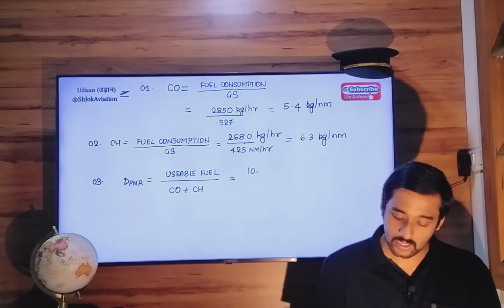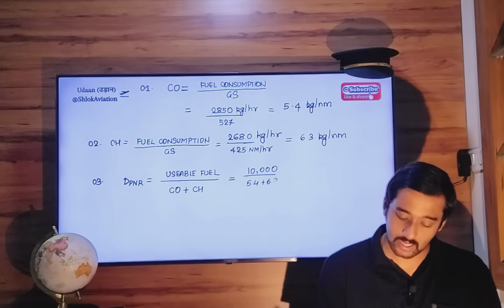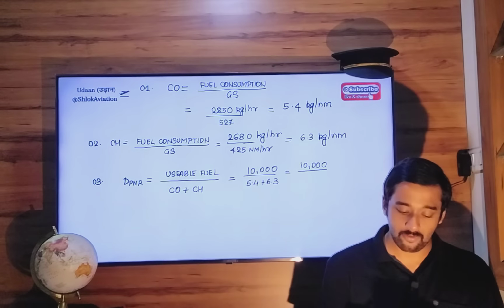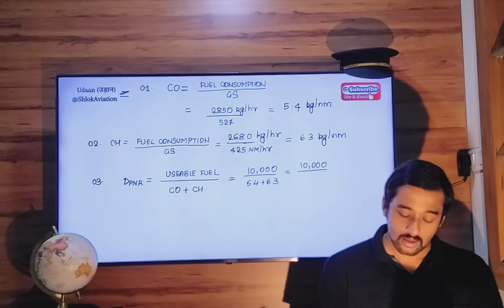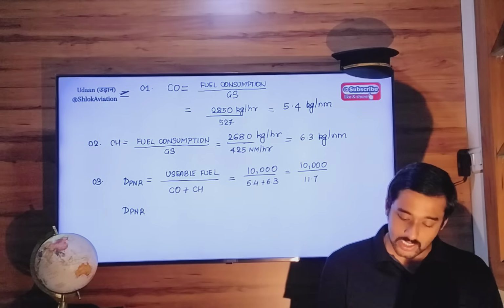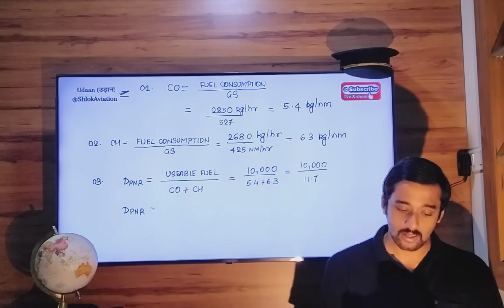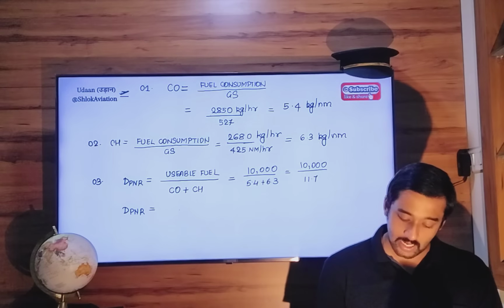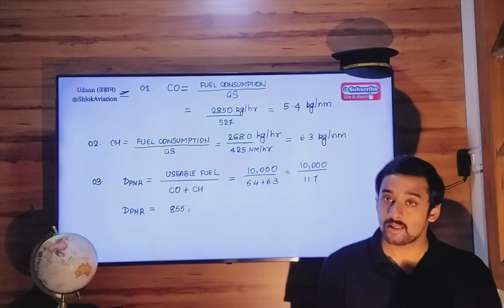So 10,000 divided by 5.4 plus 6.3, 11.7. Distance to PNR is 10,000 divided by 11.7, 855 nautical miles.